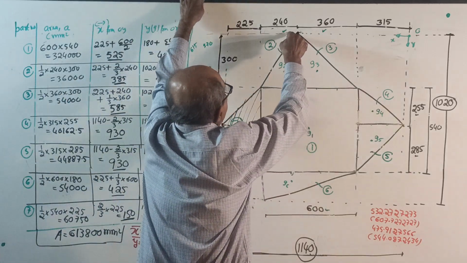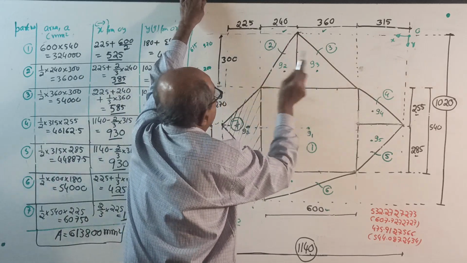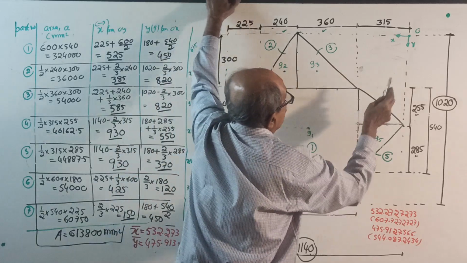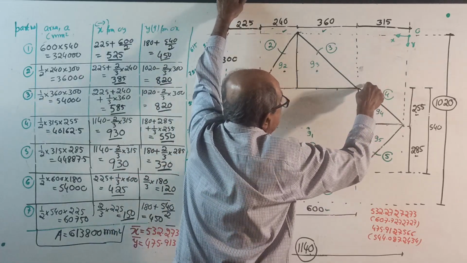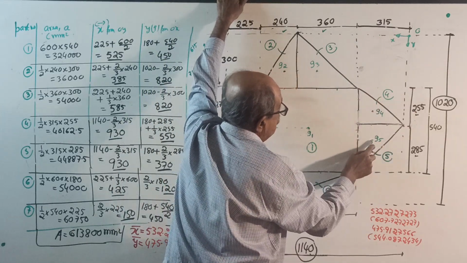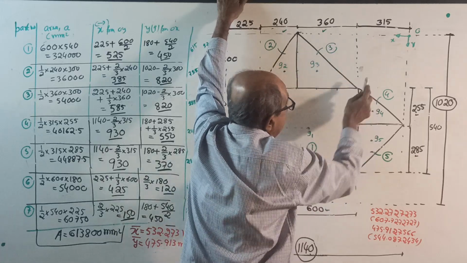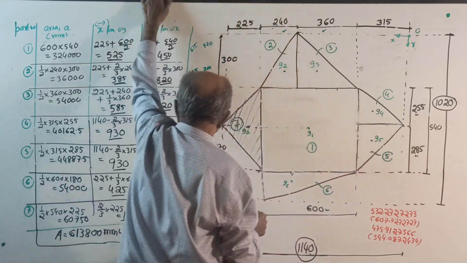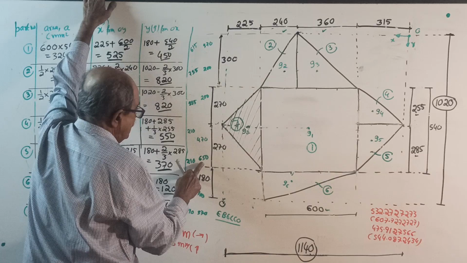2: 2/3 of 300. 3: 2/3 of 300. 4: 300 plus 2/3 of 255. 5: 300 plus 255 plus 1/3 of 285. Figure number 5 is 650.